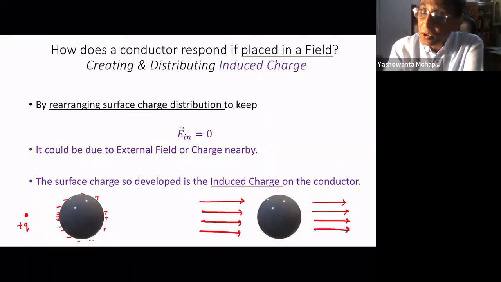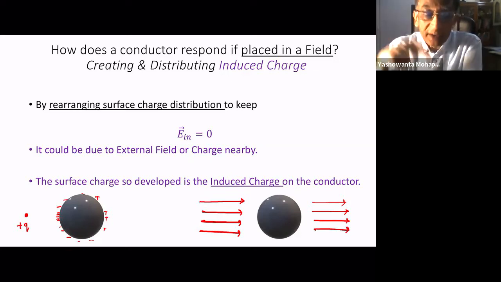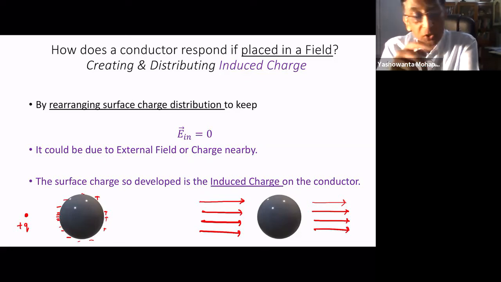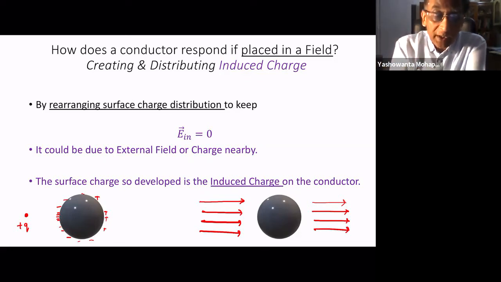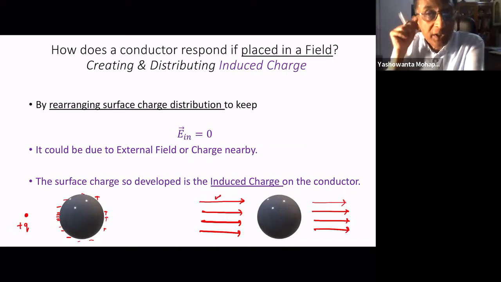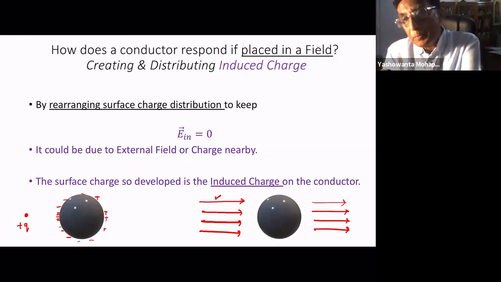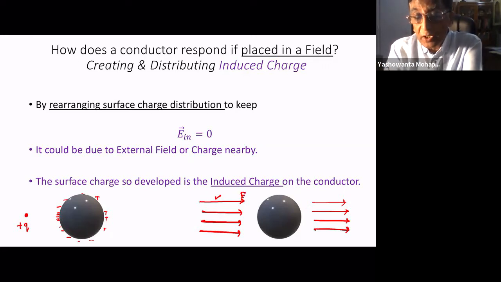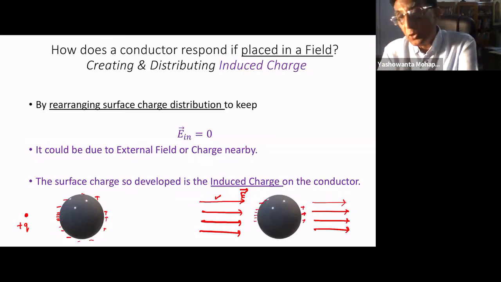Then it will rearrange as if there was a charge at infinity, for example. So it could be because of either a charge or because of a field, but there is a rearrangement. Suppose E is in this direction, then what will happen? The charges will similarly become minus and plus. The actual distribution, of course, depends upon the configuration, but this is what we will call induced charge.